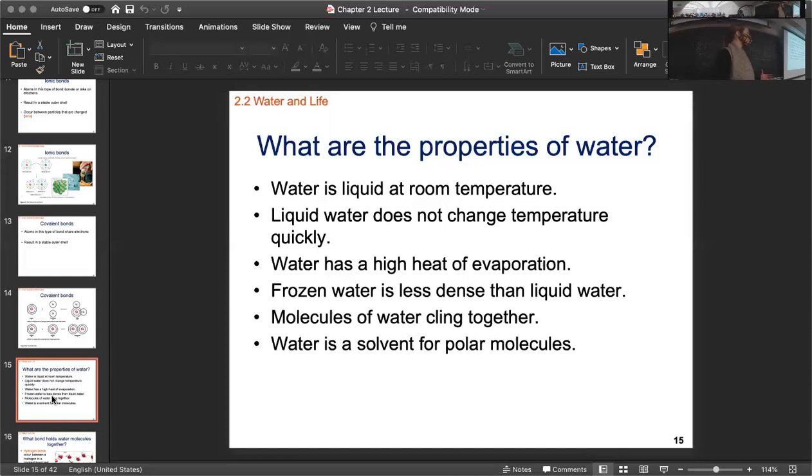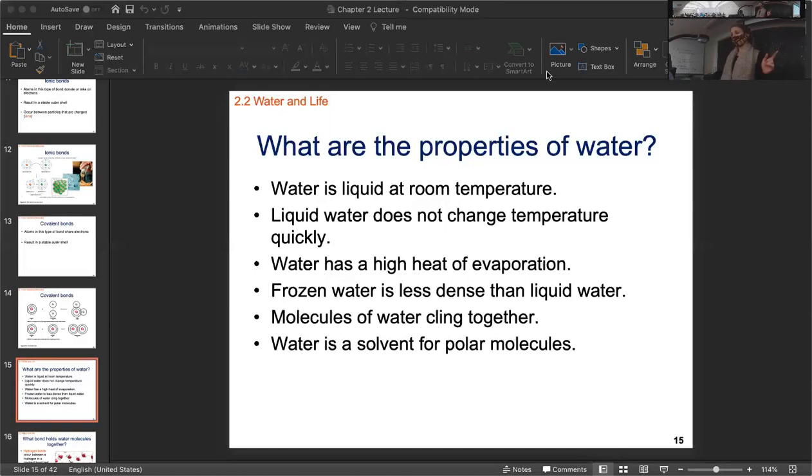All right, water has a high heat of evaporation. Anybody know the degree of water at which it evaporates? I'm going to get the exact number wrong. I think it's 112. Is that right? Was that what you thought? I was just thinking it was 212 Fahrenheit. 212, you probably are right. I'm going to check it out. I knew there was a 12 in it. And now I want to make sure that I'm right.